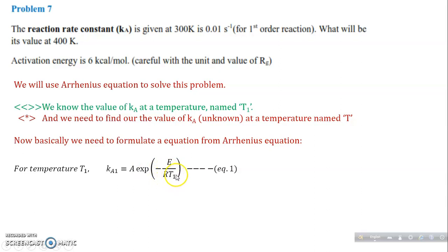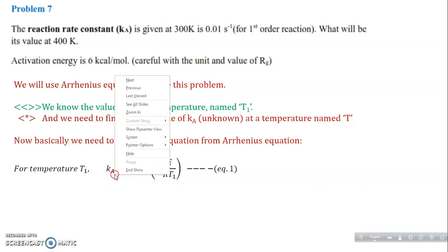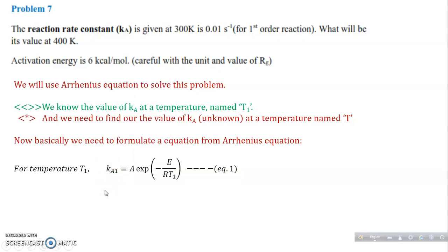This is the equation for temperature T1, and the value Ka1 is known. And we can write down another equation for temperature T: Ka equal to A exp minus E by RT. At this T, the value of Ka is not known.